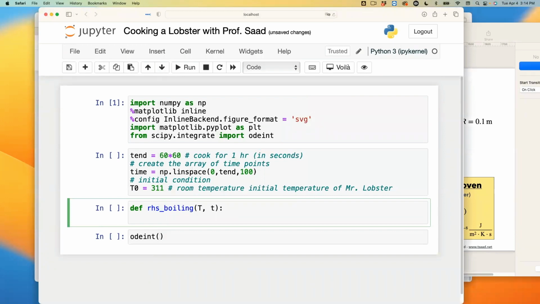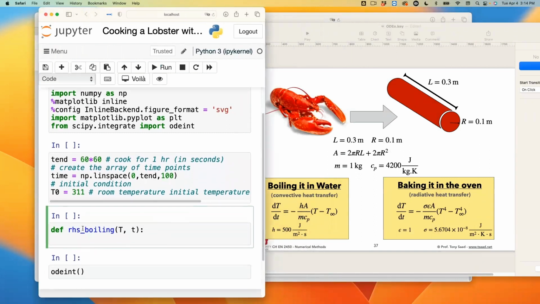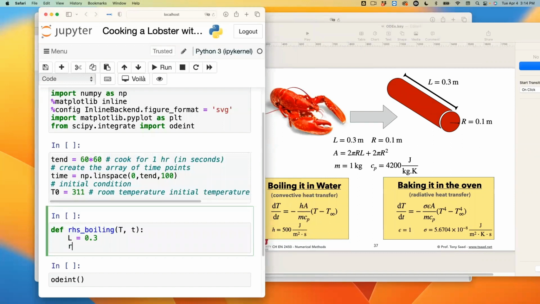So we have length L is 0.3. Over here in this right-hand side boiling, I'm literally going to program this, hA over m c_p times T minus T infinity. So let's say L is 0.3 meters, and R, the radius, is 0.1 meter.